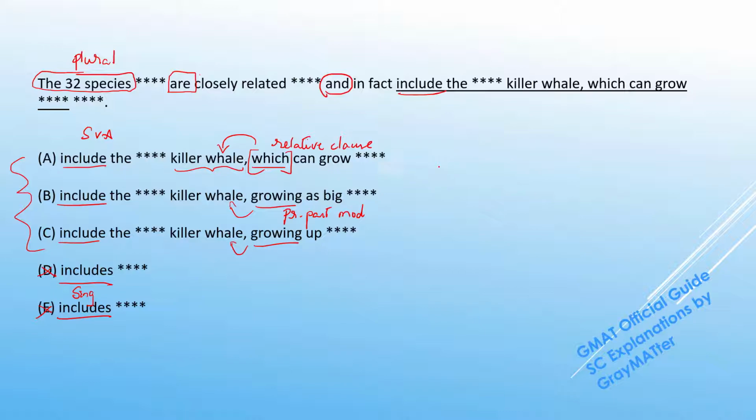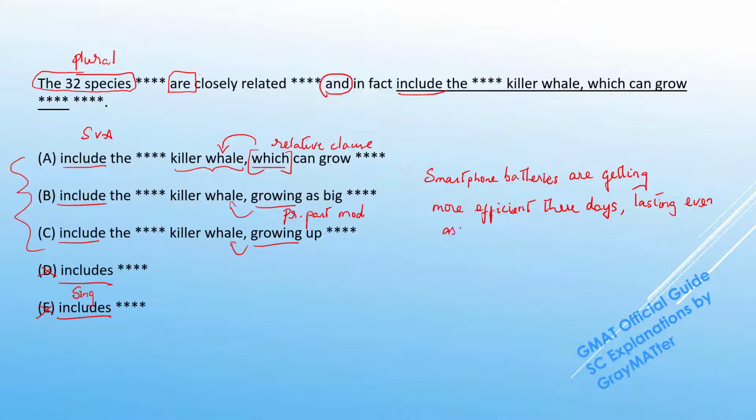So for example, if I said smartphone batteries are getting more efficient these days, lasting even as long as 2 days.